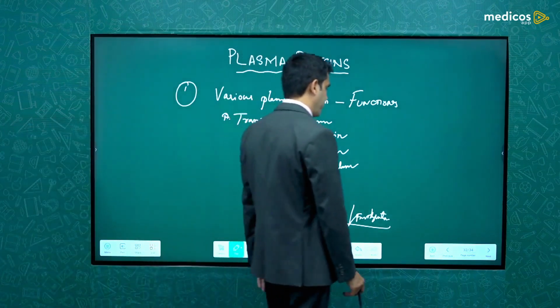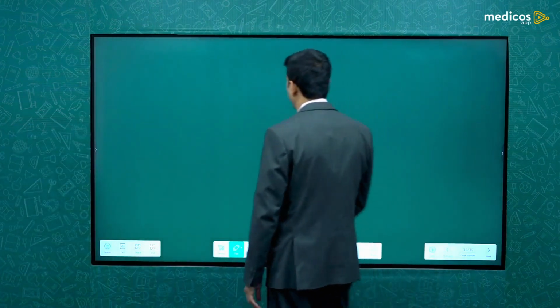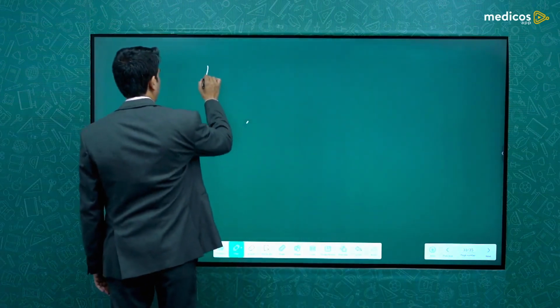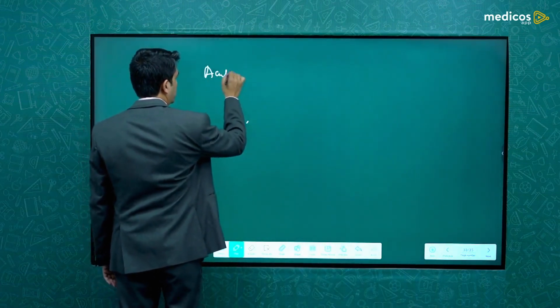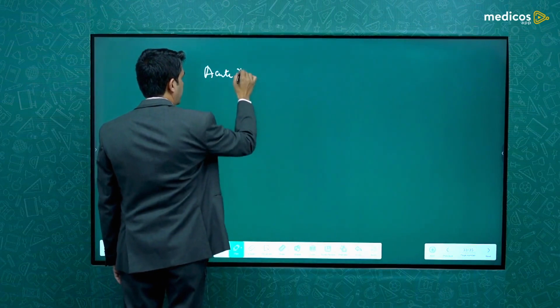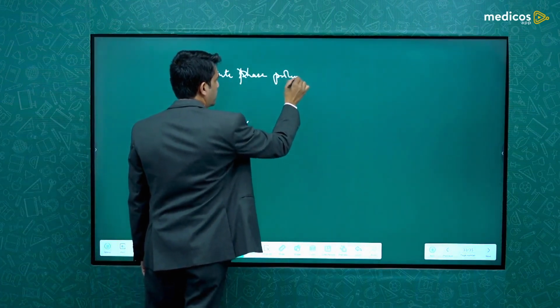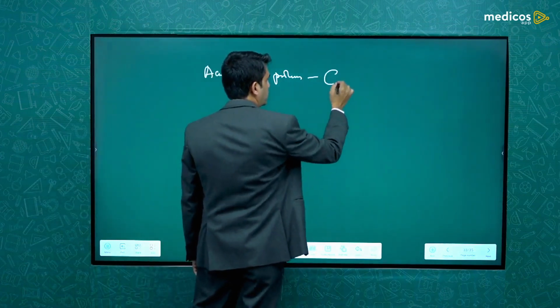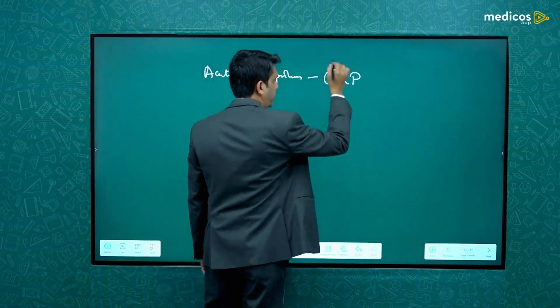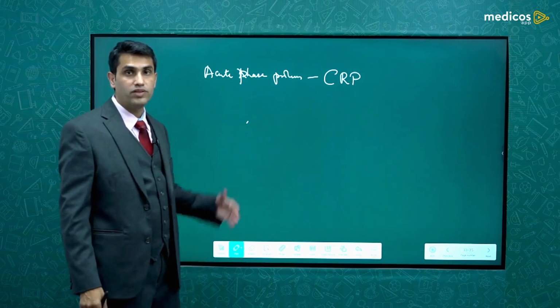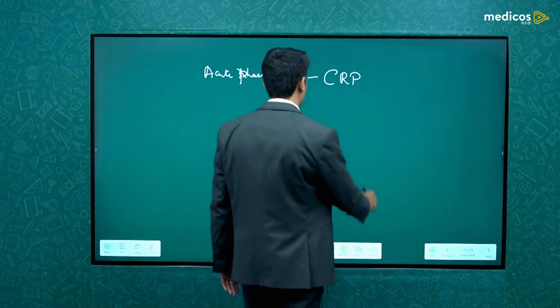Then we have acute phase proteins, positive and negative. Most important of them is C-reactive protein, which is elevated in almost all infections.